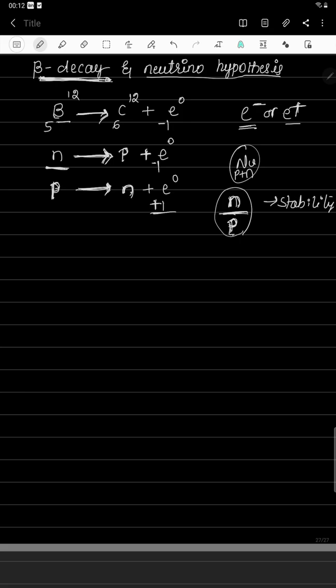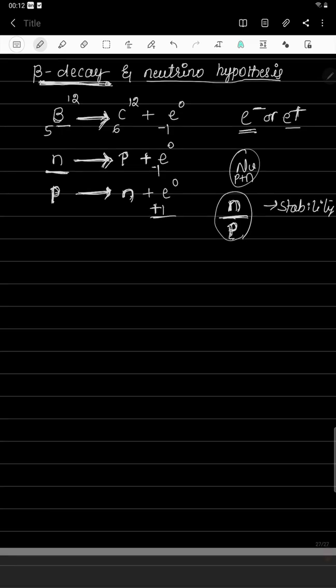For the sake of understanding, let us consider a reaction where the boron-12 isotope converts into the carbon-12 isotope plus the emission of an electron.